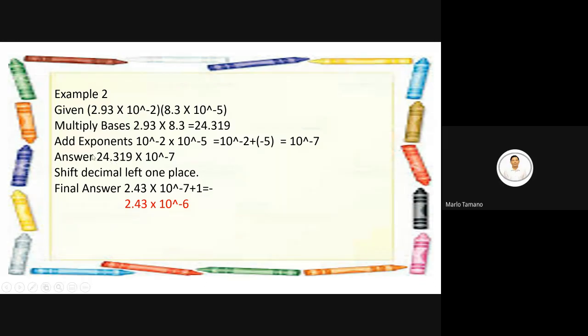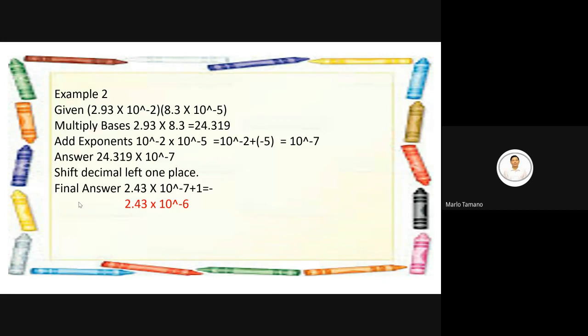Okay, so kopyahin natin yung product natin doon sa step number 1. So, 24.31419. Times 10 to the negative 7. Now, to get the final answer, you simply shift the decimal left one place only.